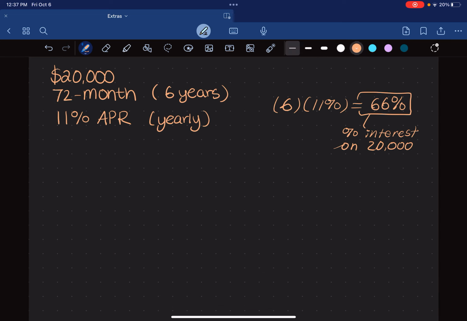So our total paid is going to be equal to our original $20,000, and then we're going to add on the interest that we end up paying after 72 months or 6 years, which is going to be 66% of $20,000.